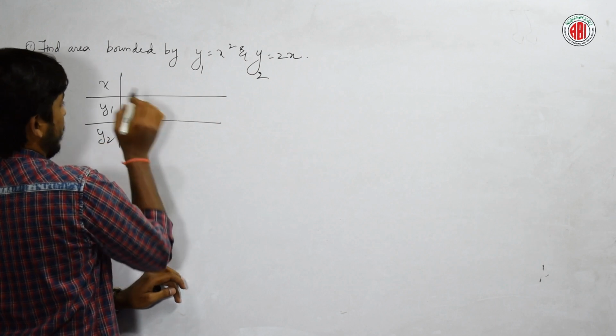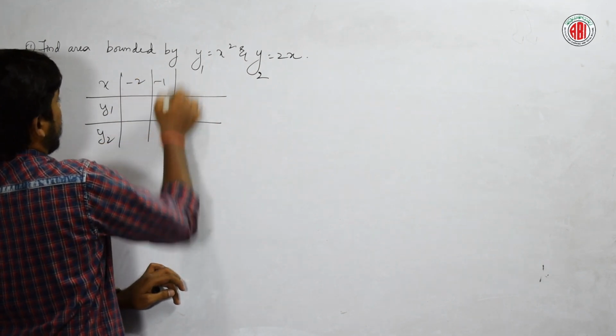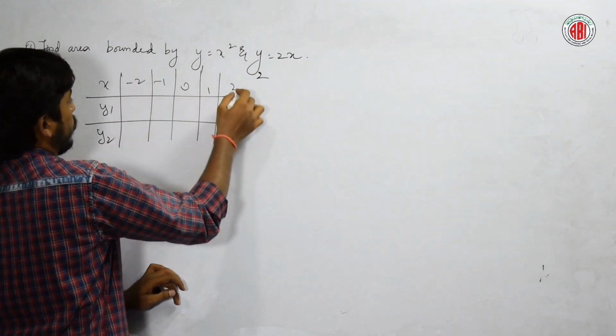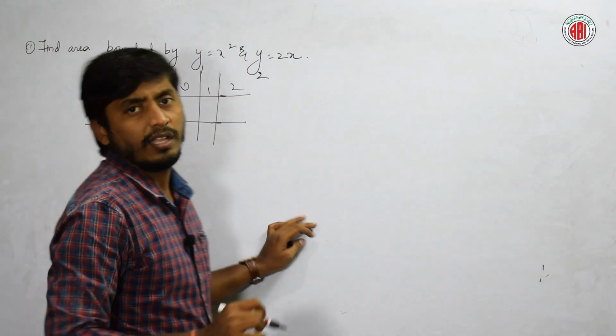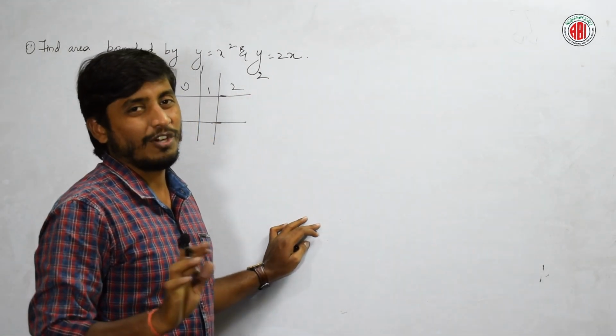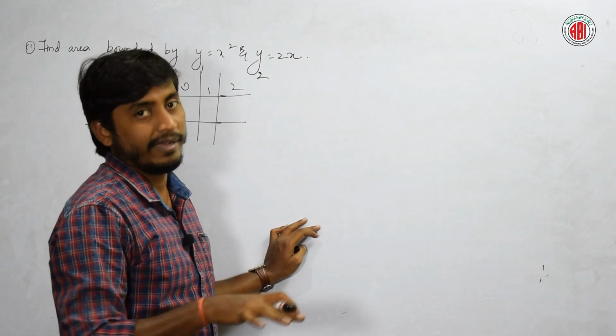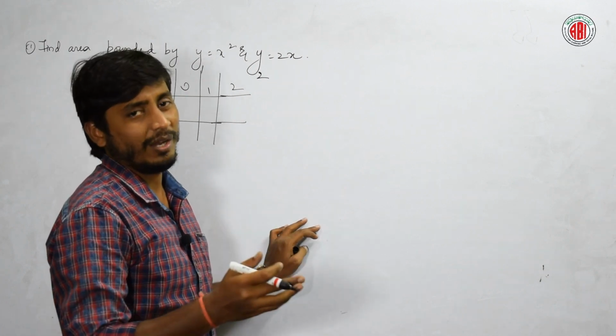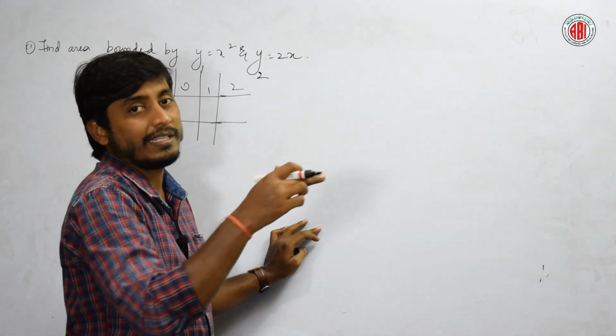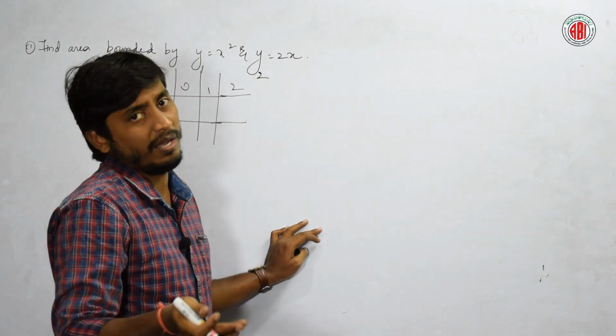Okay, for our simplicity, minus 2, minus 1, 0, 1, 2. Till where you want to substitute is up to you, but these are the basic minimum values. After that, according to the requirement, if the two curves are not touching, in that case we will take more numbers.